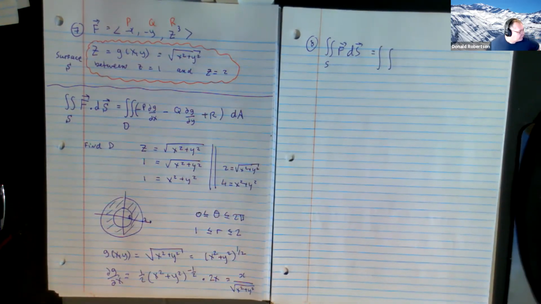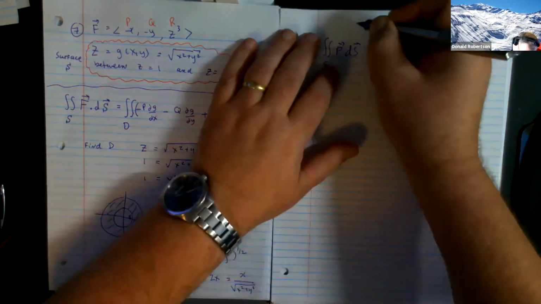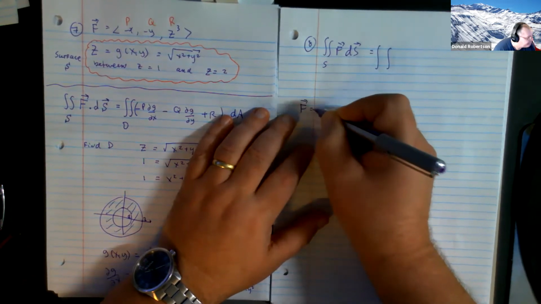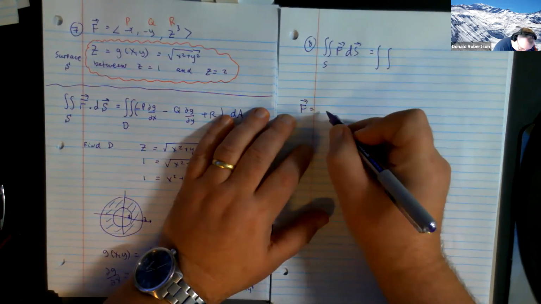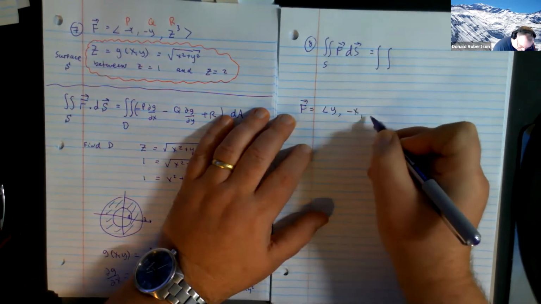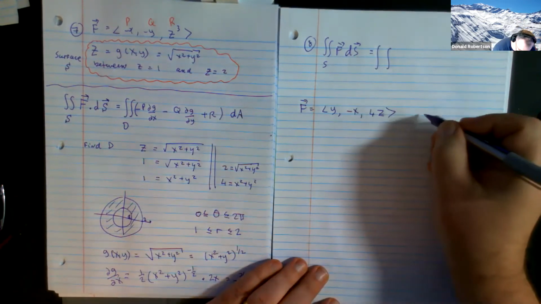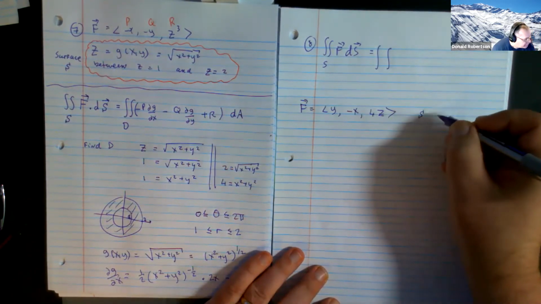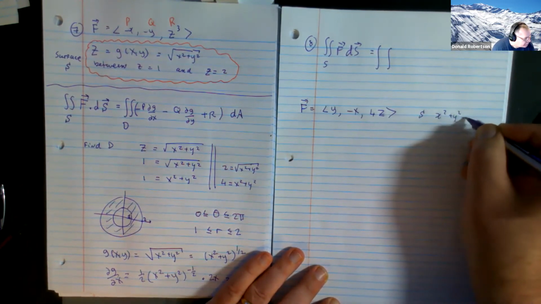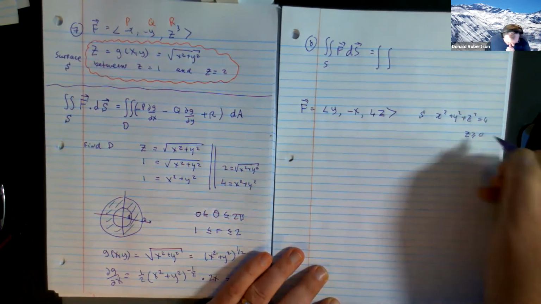In question 8, there's F, and F is basically a Y, a negative X, and a 4Z. And the surface S is given by X squared plus Y squared plus Z squared equals 4. And they tell you that Z is greater than or equal to 0.